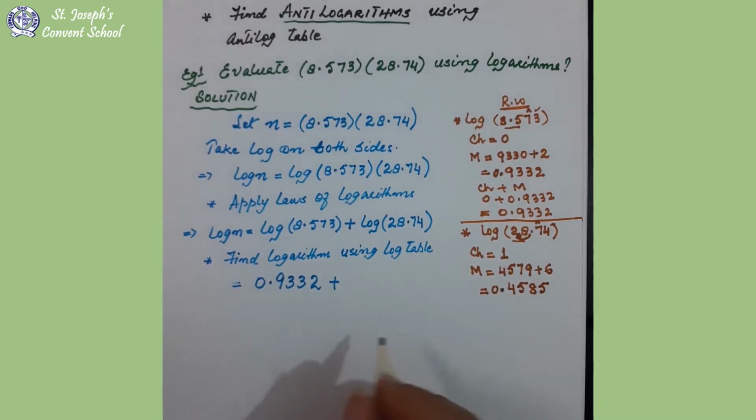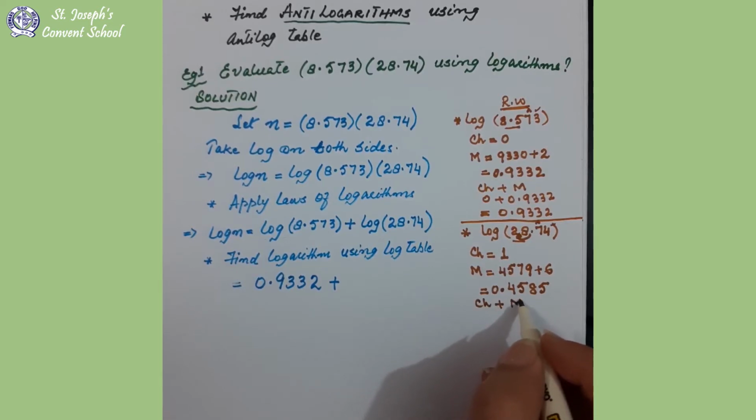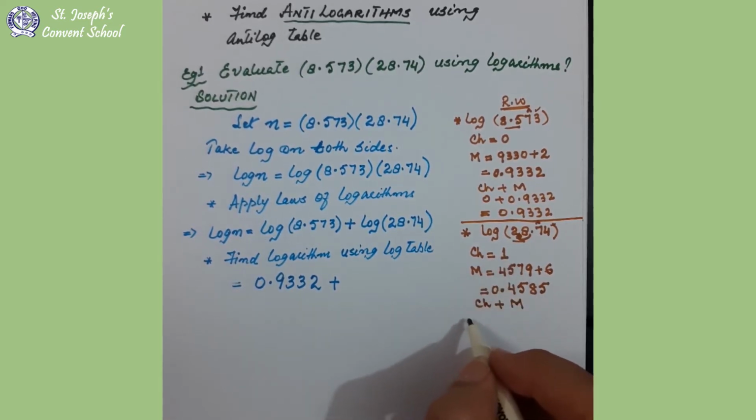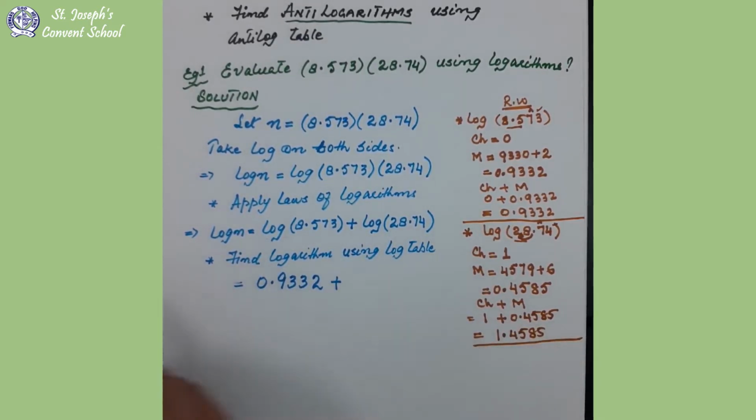Now the log of any number is equal to characteristic plus mantissa. So the characteristic is 1 plus the mantissa 0.4585. So after adding this will become 1.4585. So this is the second answer.